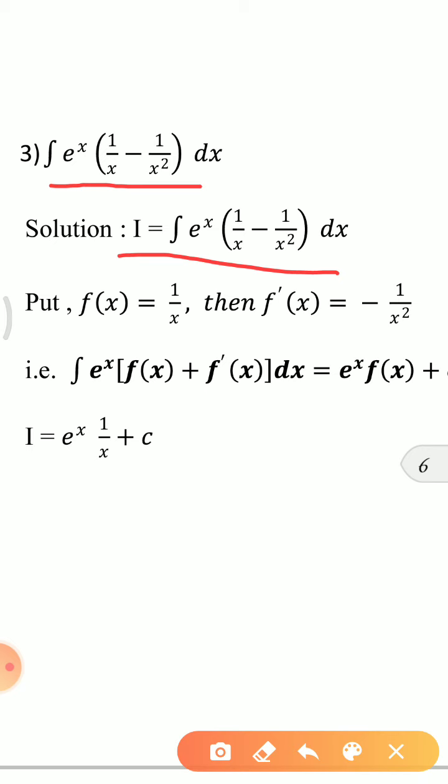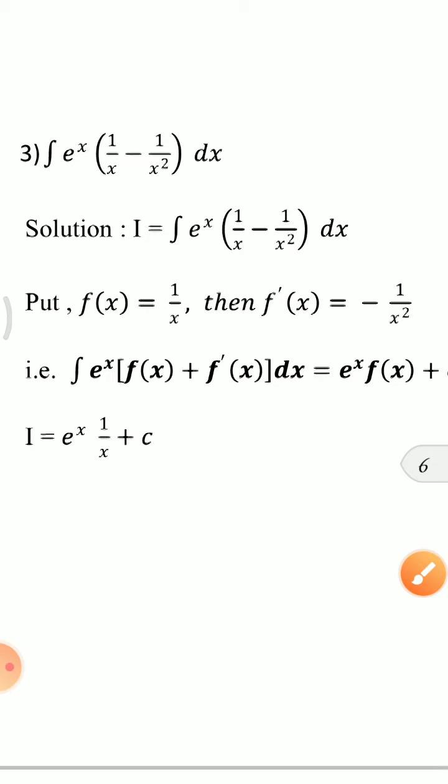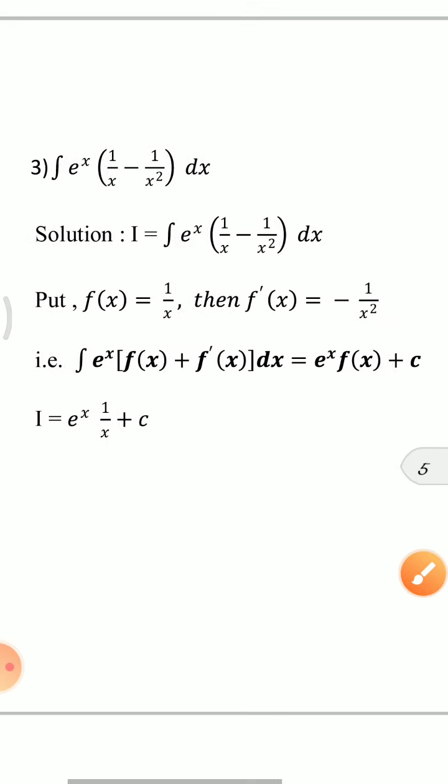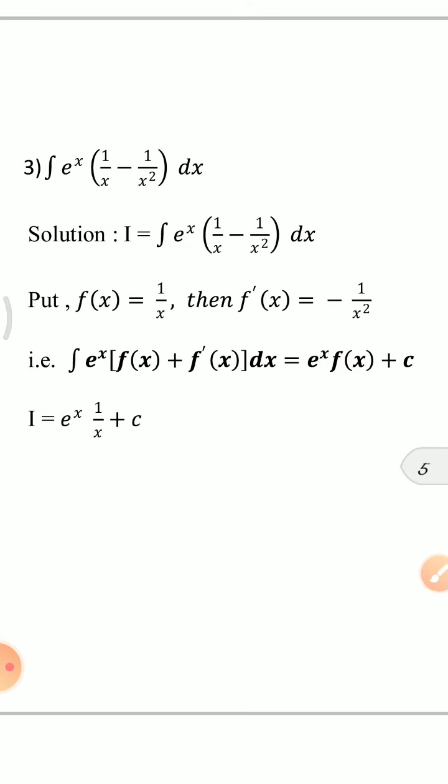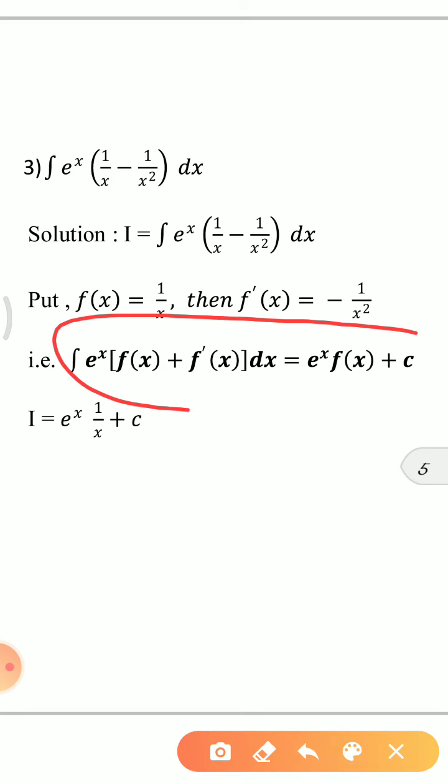We have to apply the integration type here, that is this one: integration e raised to x into f of x plus f dash of x dx is equal to e raised to x f of x plus c here.